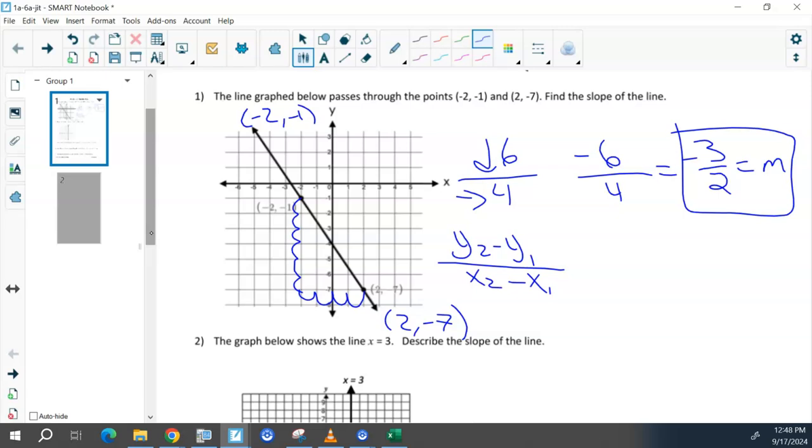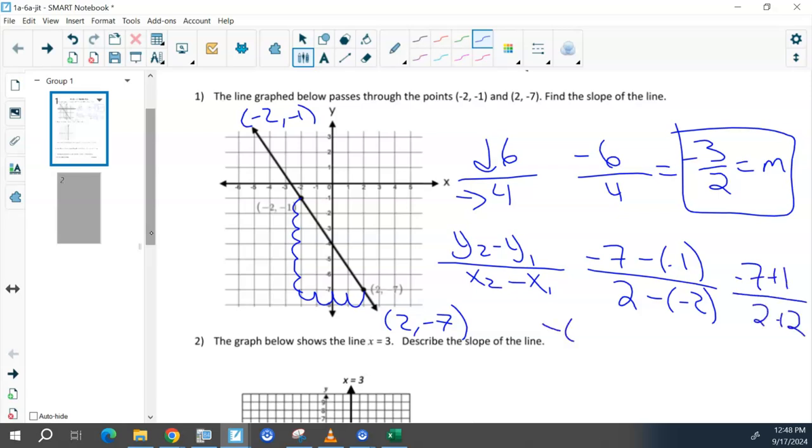That would be negative 7 minus a negative 1 over 2 minus a negative 2. The minus minus will become a plus, so that we have negative 6 over 4, and then it would simplify to negative 3 over 2.